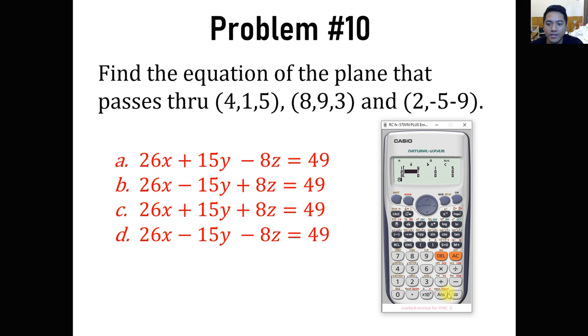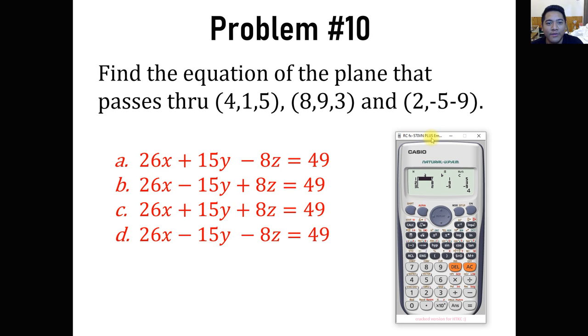And then we have 8, 9, 3. And still, the d should be 1. You have 2, negative 5, and negative 9, and then 1. So, calculate the value of x. Alright, let me double check again the given. 4, 1, 5, 8, 9, 3, it should be 2, 5, not negative.